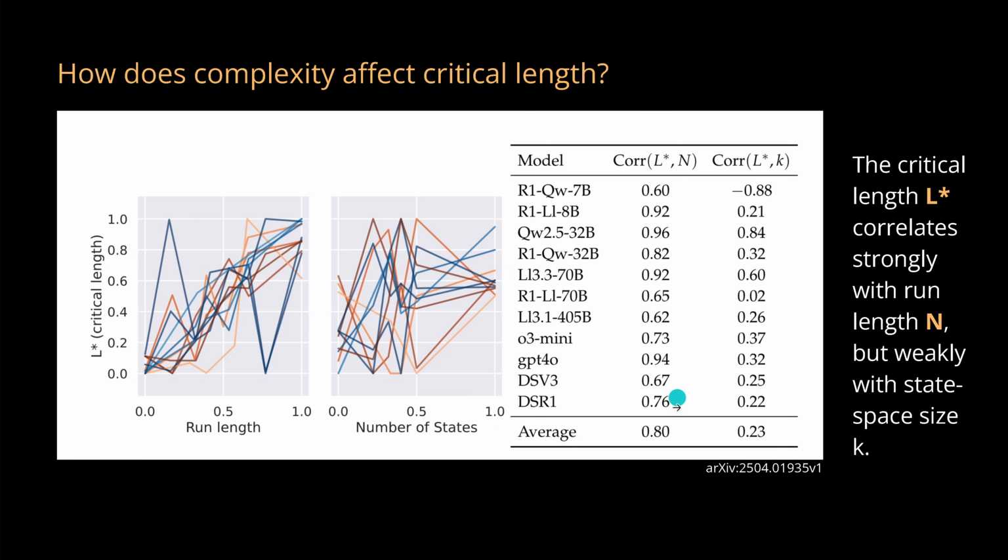And if you look at the correlation, you see the correlation coefficient here is 0.80 for the run length and just 0.234 for the state space size k. So they found, and this is the main result, that the critical length L star of different LLMs correlates strongly with the run length.